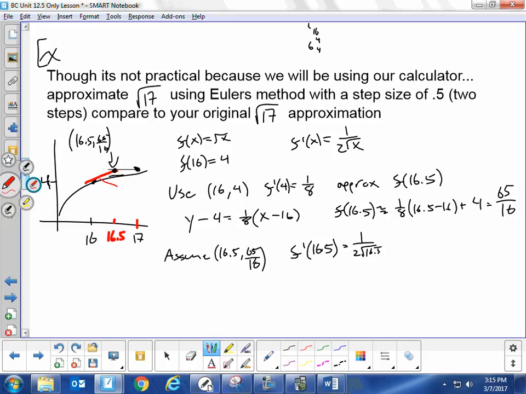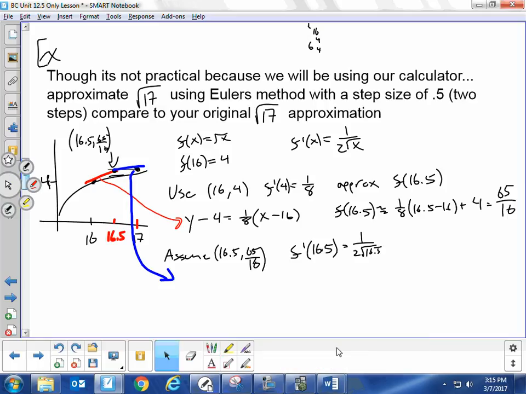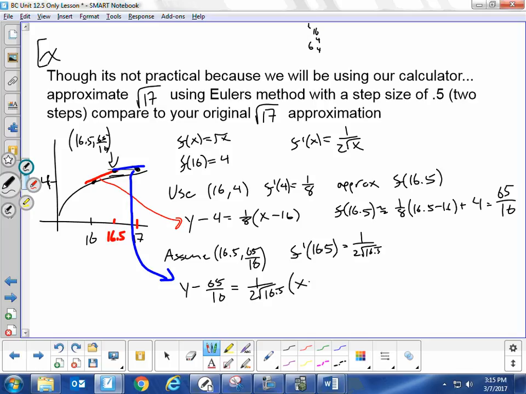That gives me, let's just write this down. This was the equation of the red line right here. Now I'll change this to blue. Here comes the equation of the blue line. Y minus 65/16 equals 1 over 2 root 16.5 times x minus 16.5.